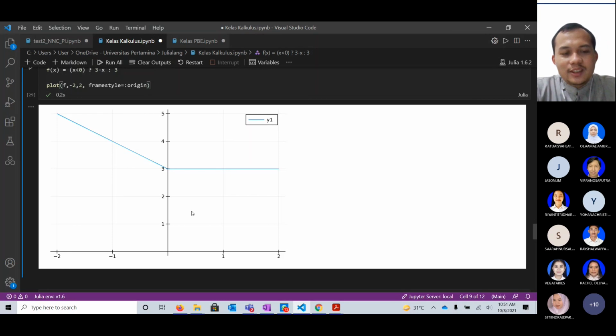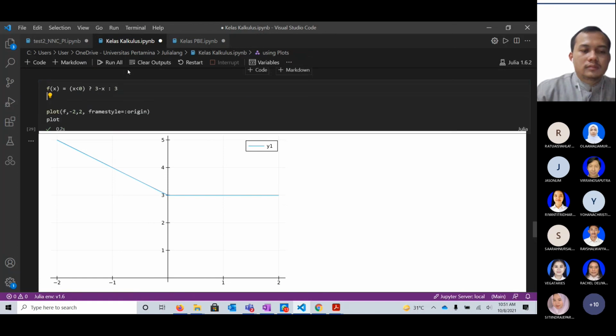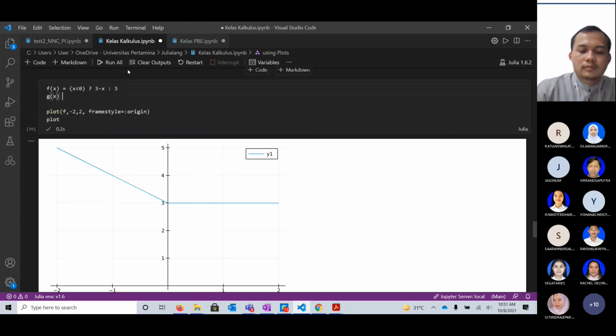Okay, let's use the horizontal line test. If we take this one horizontal line, from minus 2 to 2, line style dash.